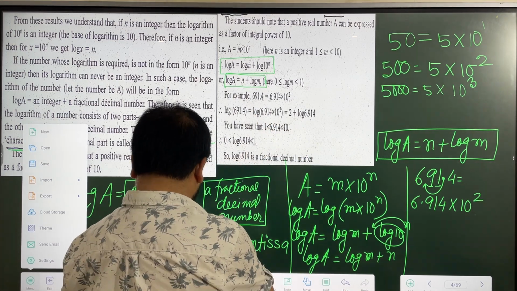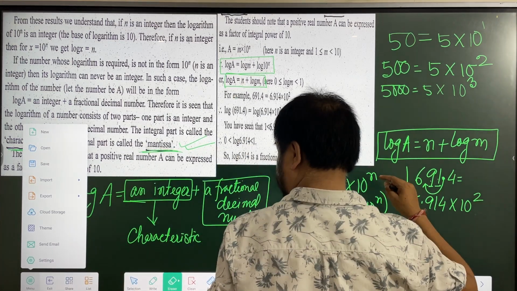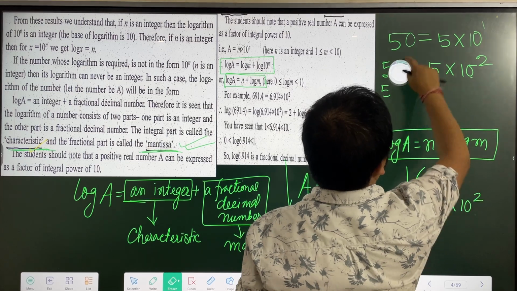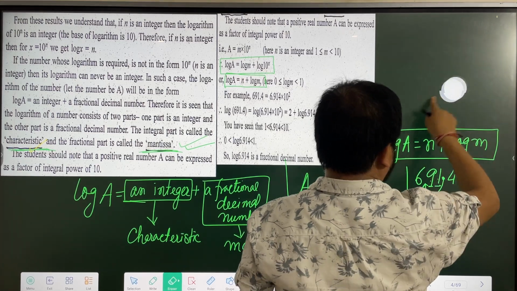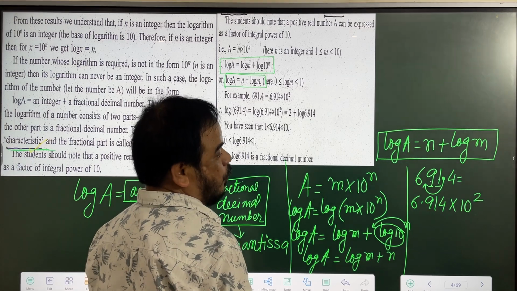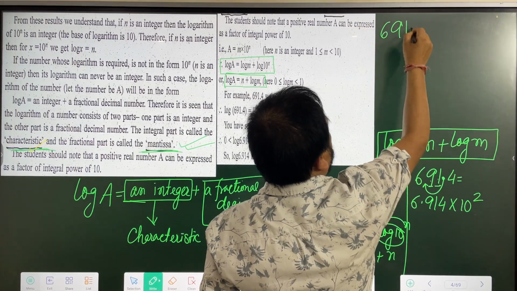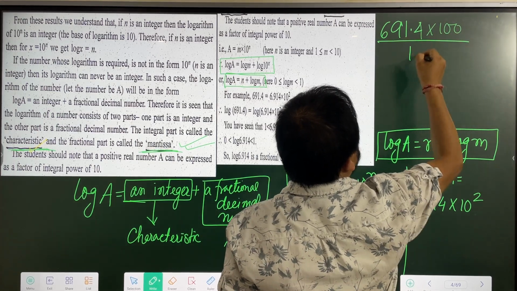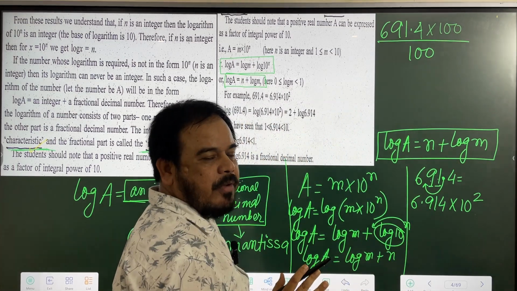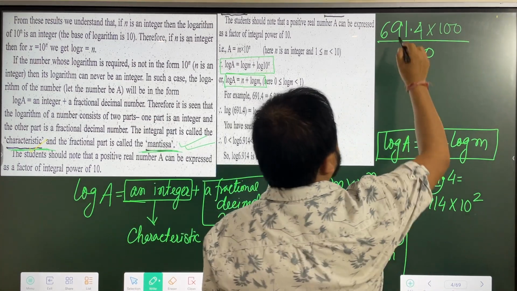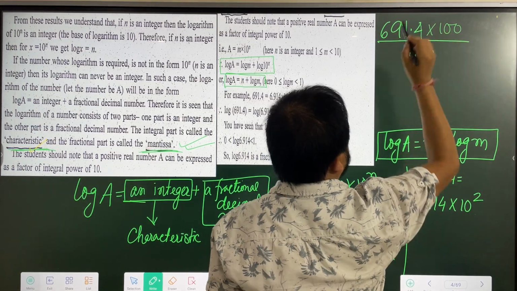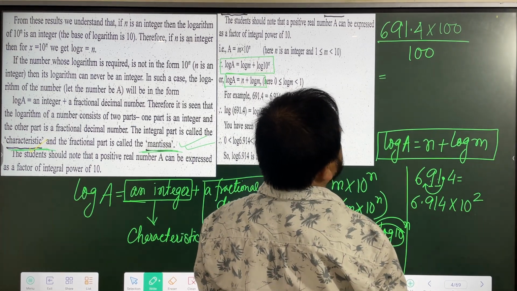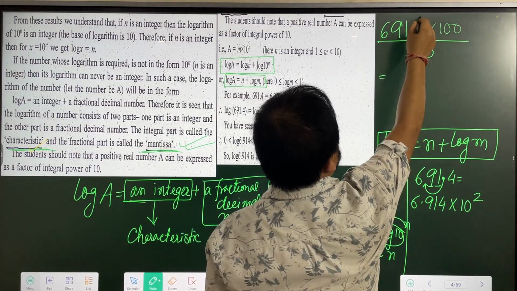This one I will show you with an example, how it is possible. 691.4, if we multiply by 100 and divide by 100, it will be the same. The value will be the same.